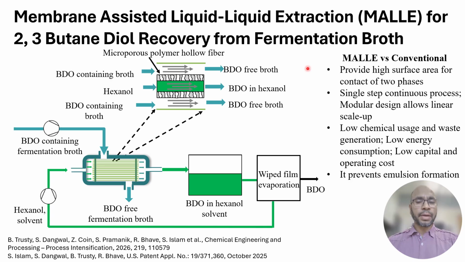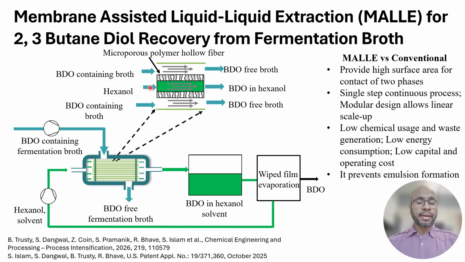So the way membrane assisted liquid extraction works, let's say this is a hollow fiber membrane. It is porous, and through the tube side, or lumen side, or bore side, a solvent such as hexanol passes through.